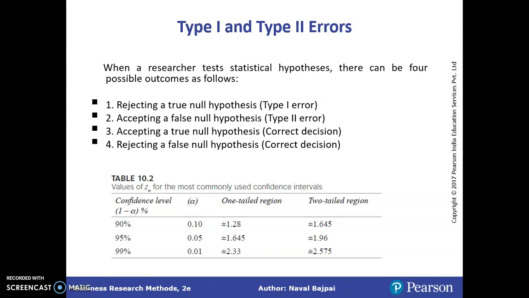These are three instances for the two-tailed region. Alpha is 0.10, it is 1.645. Alpha is 0.05, the critical value will be 1.96. Alpha is 0.01, the critical value will be 2.575.